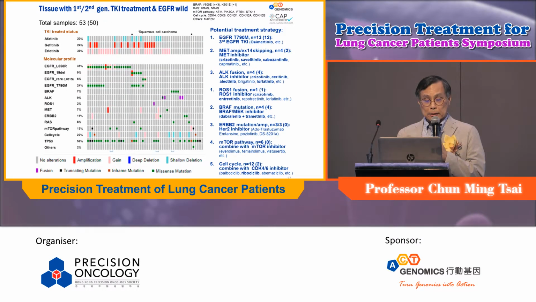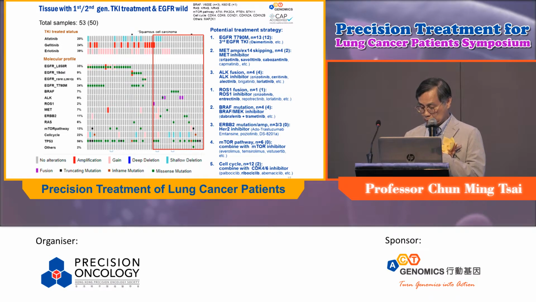This slide shows the patients who have received first and second generation TKI treatment, and also EGFR wild type patients. In EGFR wild type patients, you can see some of them have another driver, for example, BRAF.